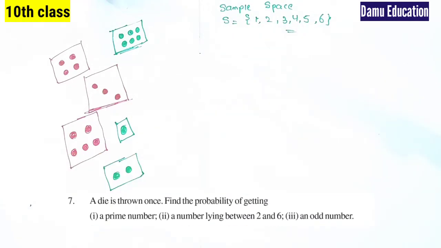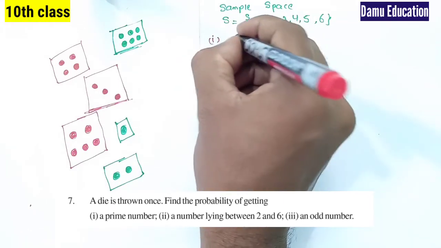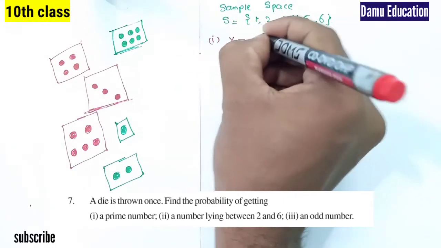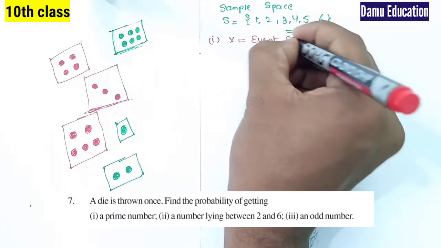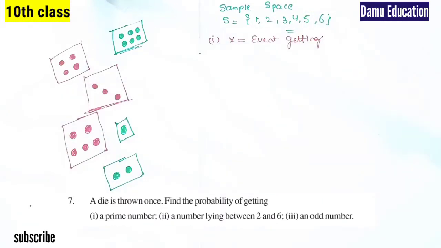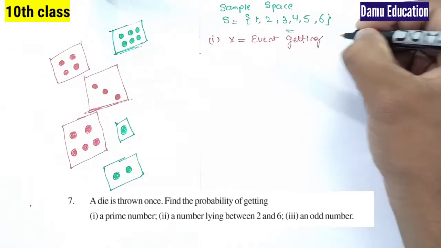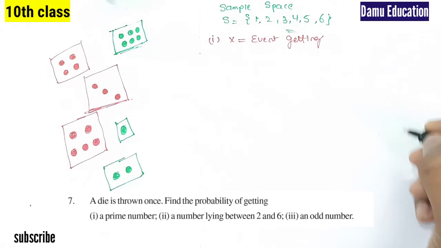First, denote the event of getting a prime number.